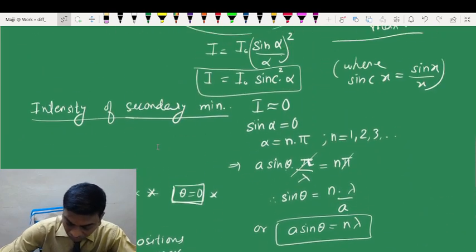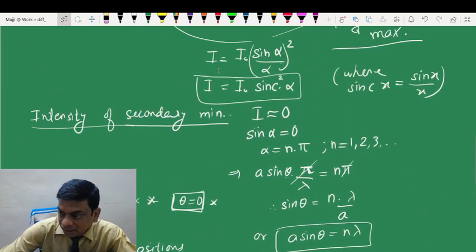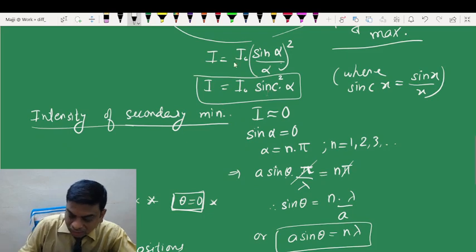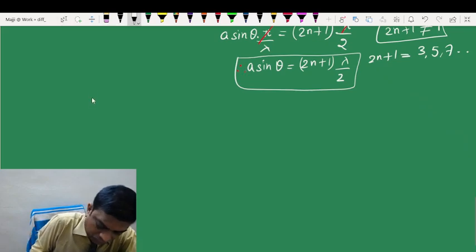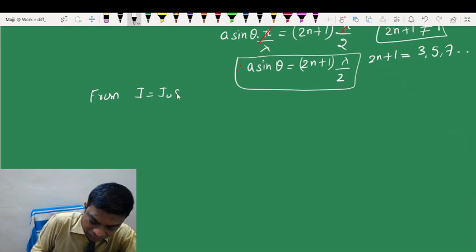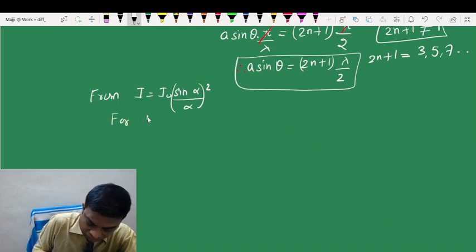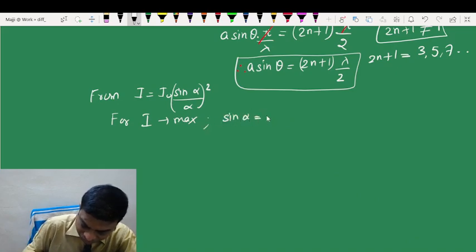So I'll borrow this expression, students. I equals I naught, sine alpha by alpha whole square. For I to be maximum, the mod of sine alpha should be maximum, because it is squared here.